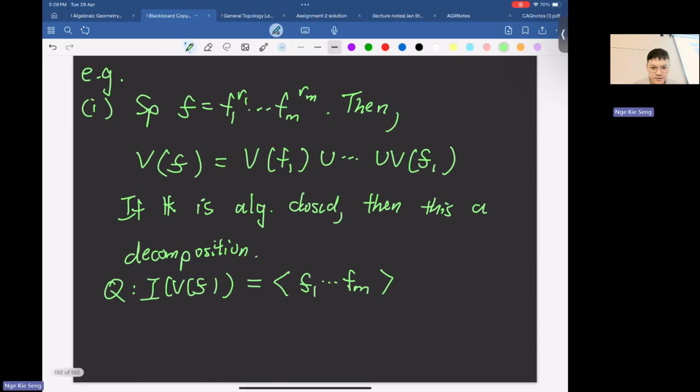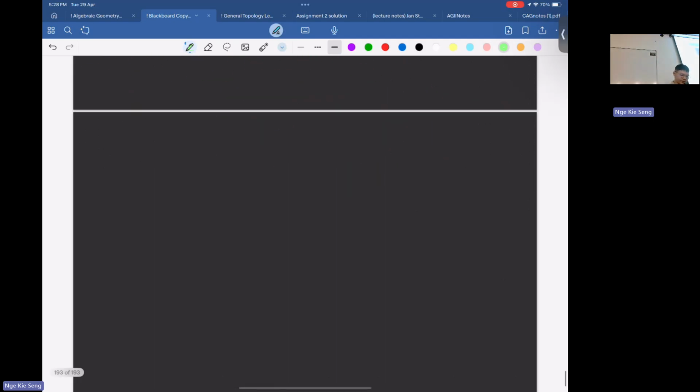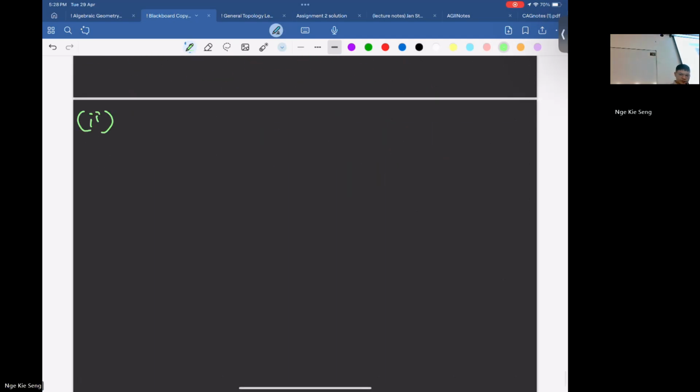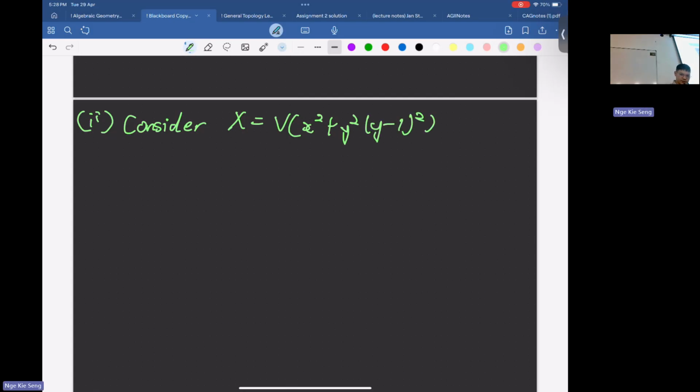Another thing, let's discuss this example. Let's consider the zero set of (x squared plus y squared) times (y minus 1) squared, and let's discuss this in R2.